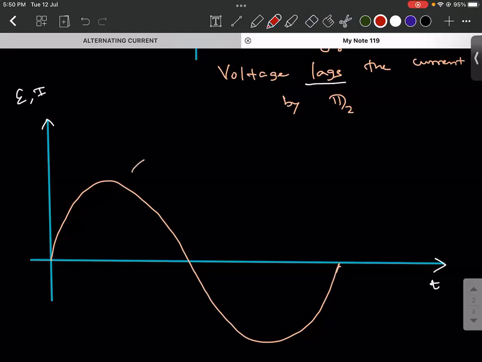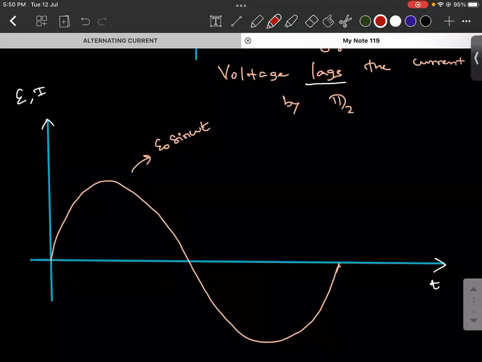If I say this is the EMF, E naught sine omega t, then what happens to the current? Current leads the voltage by pi by 2. So the meaning of leading in graphical representation is, when EMF is least, current will be maximum. And when EMF is maximum, current will be least, because it is already ahead of EMF.